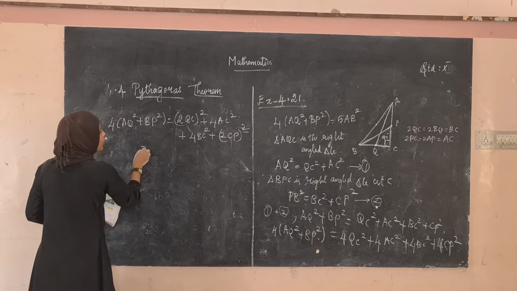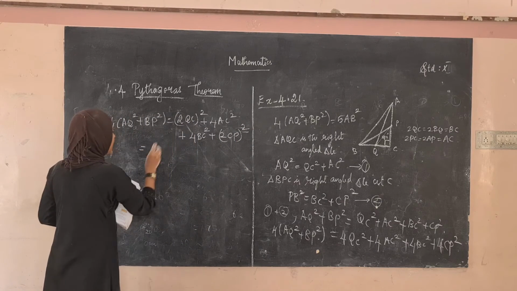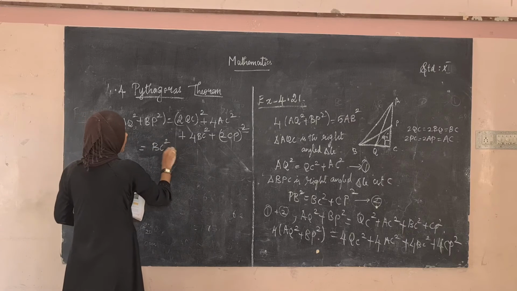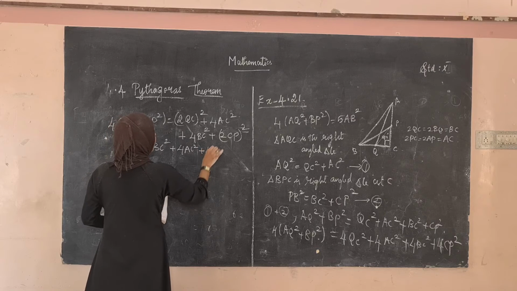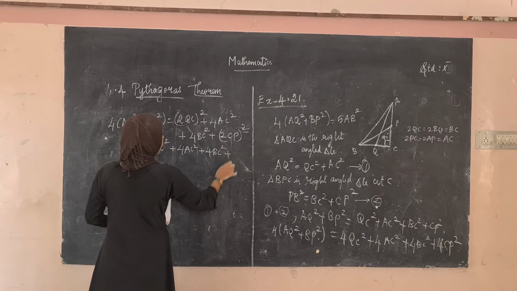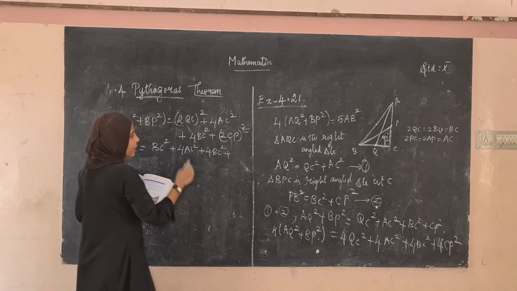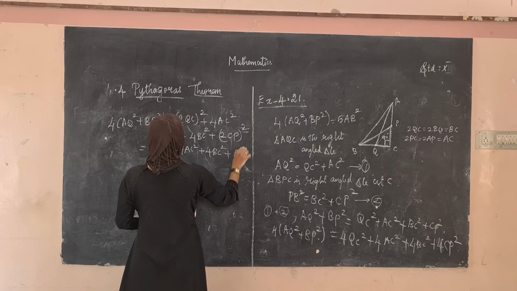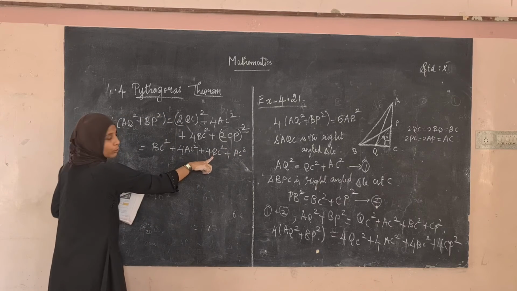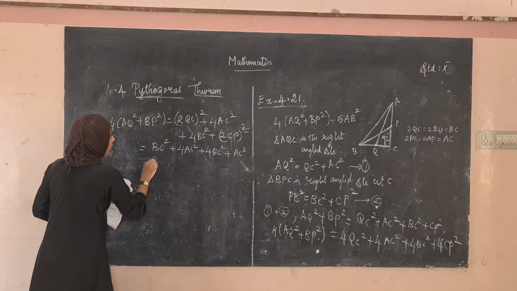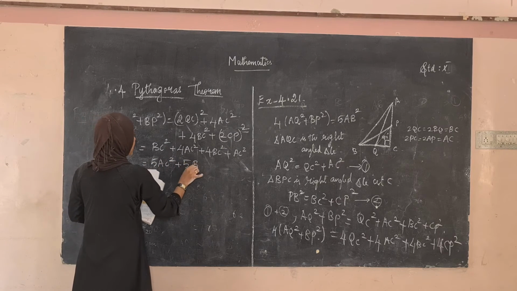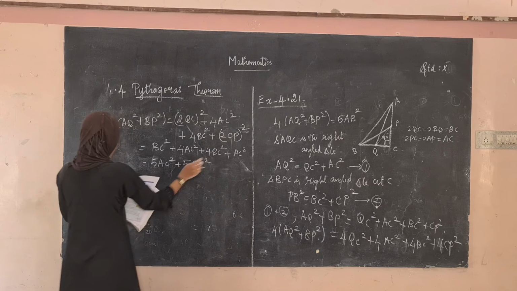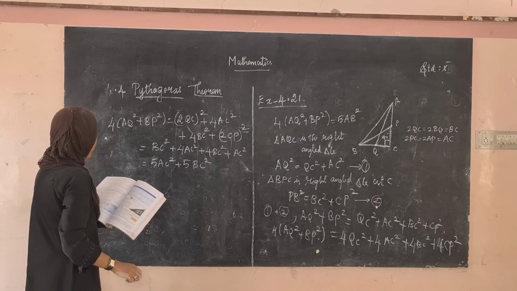What is 2 QC? QC is BC, therefore BC squared plus 4 AC squared plus 4 BC squared plus, what is 2 CP? That is AC, therefore AC squared. So this is 5 AC squared plus 5 BC squared.